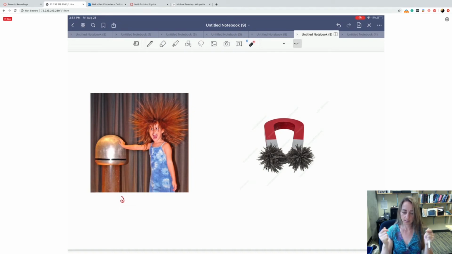So it doesn't instantaneously fill a space. It fills a space at a very fast speed, but a finite speed nonetheless. And we also know how fields travel in different mediums. We know that electric fields travel differently in a vacuum than they do in, say, a solid object.